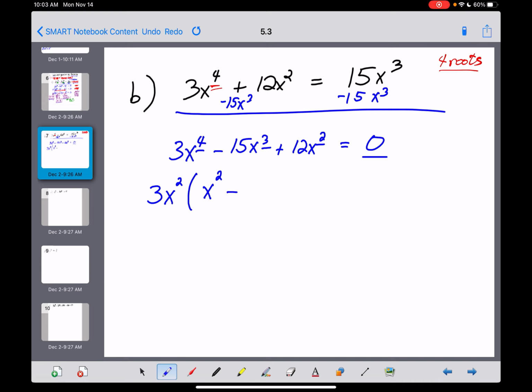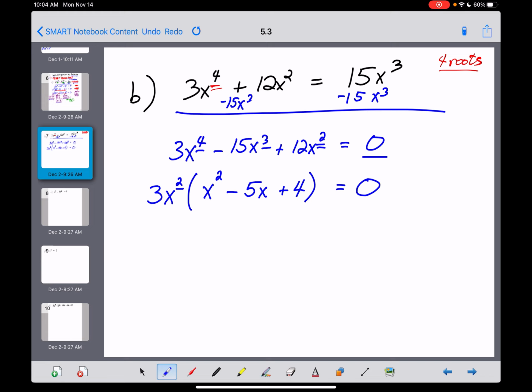And then a minus. 15 divided by 3 is 5. We had 3 x's. We pulled out 2, so there's 1 x left. And from the third term, this is going to be a plus. 12 divided by 3 will be 4. There were 2 x's. We pulled both of them out, so there are no x's left on this last term right here. And this is where we are after we've pulled out our GCF.